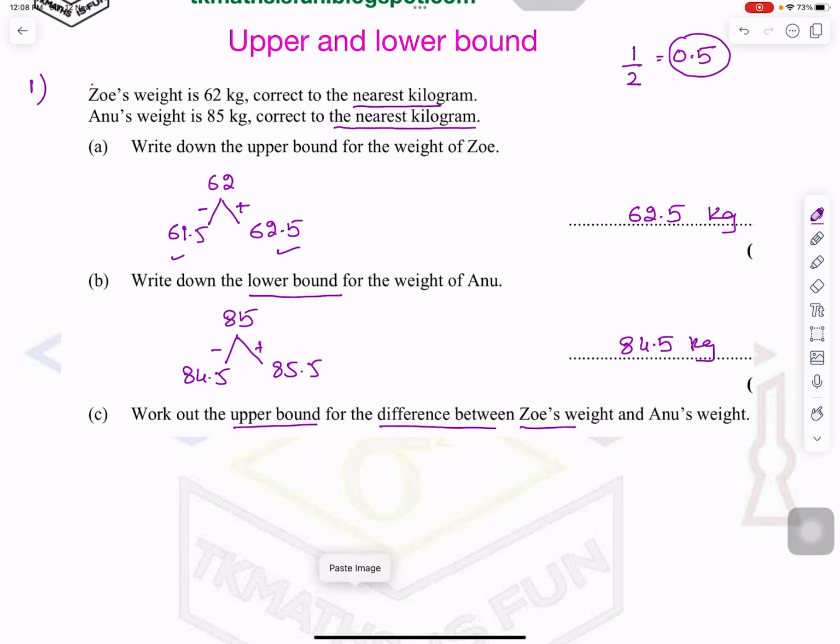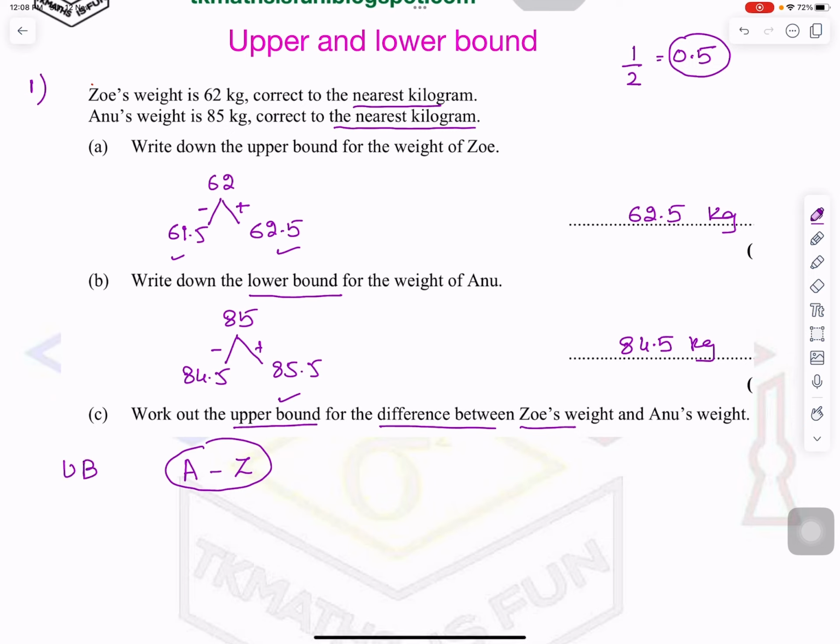Now, let's see here. The weight-wise, Anu's weight is more, right? So for the difference, I am taking Anu minus Zoo's weight, because the answer I am looking for is on the higher side.